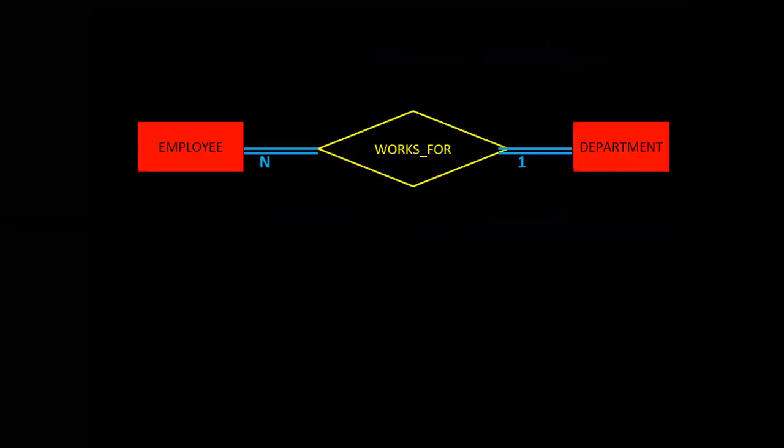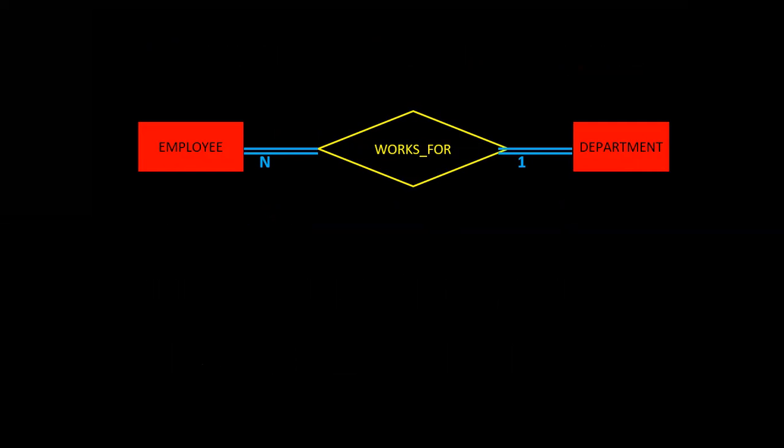Now if we consider an example like a works for relationship between employee and department, with n is to 1 constraints, having total participation for each entity.